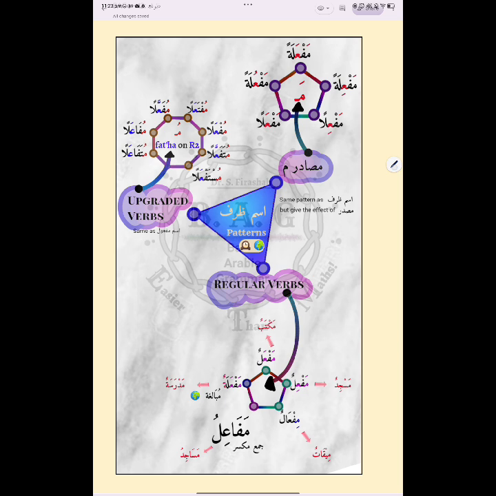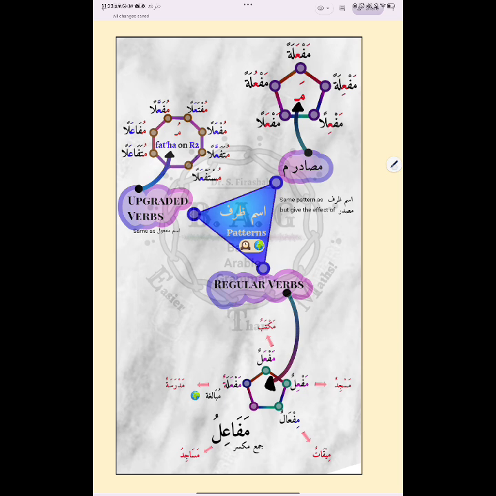This is going to add mubalagha to it. So this is the ism zarf makan. Now what kind of mubalagha is it? Mubalagha of continuity, basically, that the act of continuous teaching and learning happens in madrasatun.